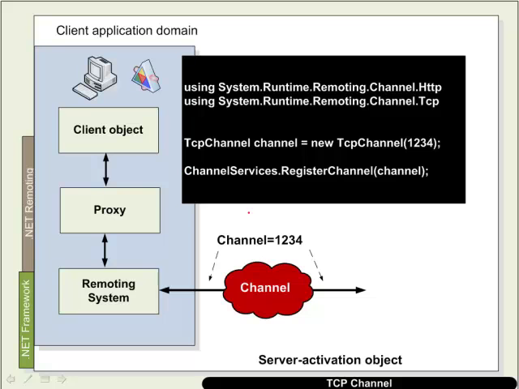So in this case, we're setting up a TCP channel of 1234, and we define that we're using a TCP channel such as this, and then we register that channel. This allows us to make sure that the actual TCP port isn't being used by any other application.